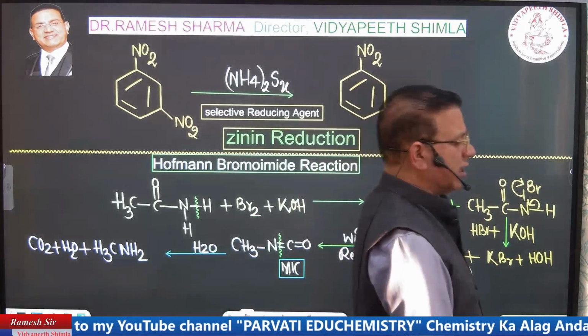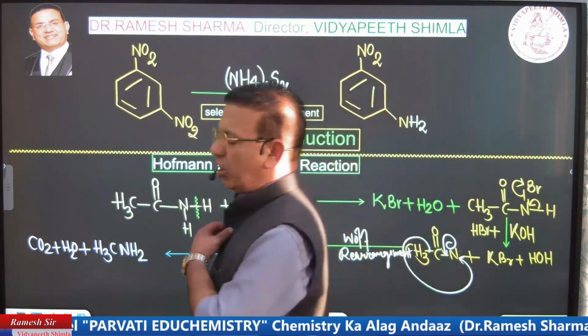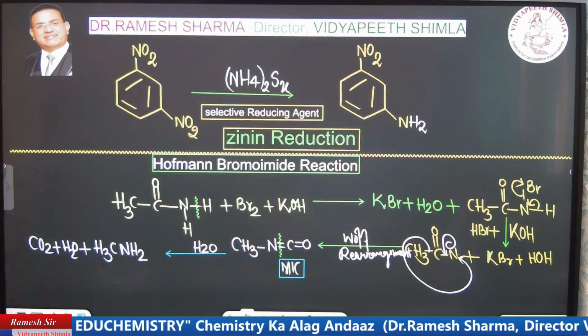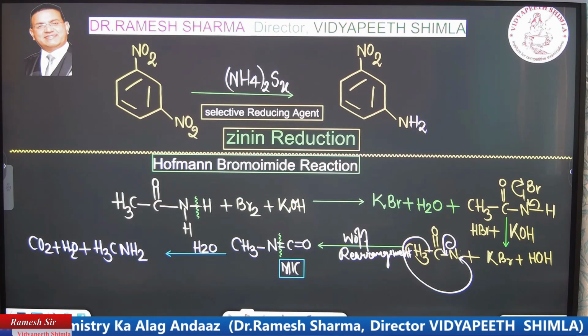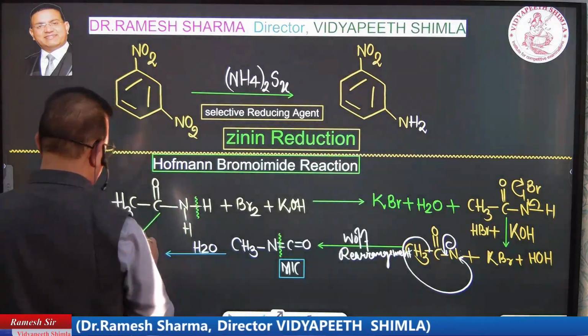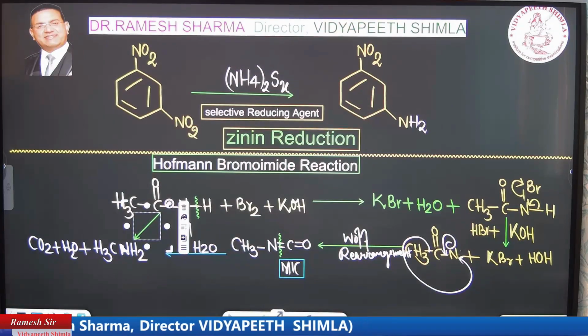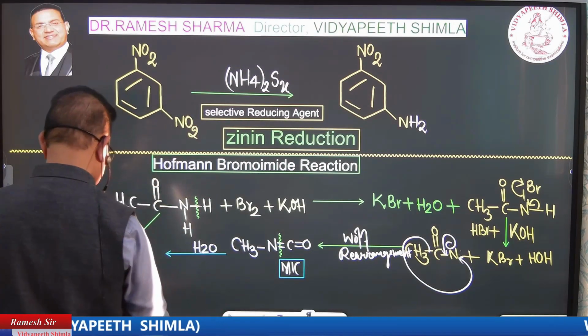And very important thing is that this is called descending of series. अमाइड में 2 कार्बन थे, पर अमीन में एक ही कार्बन. डिसेंडिंग ऑफ सीरीज.